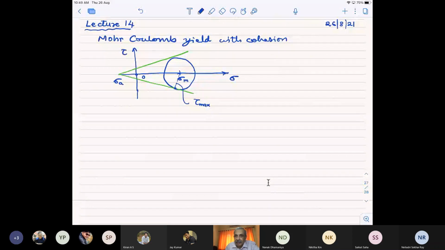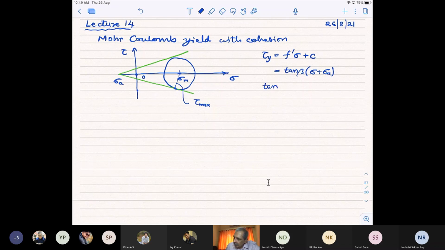So the yield condition, as I wrote down, is tau y is equal to f prime into the normal stress plus the cohesive force, which we can also write as, instead of f prime, we can write it as tan of beta into sigma plus sigma a.